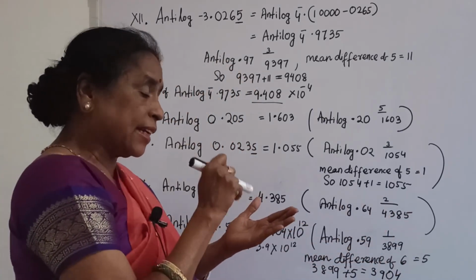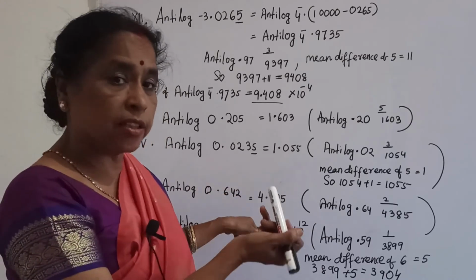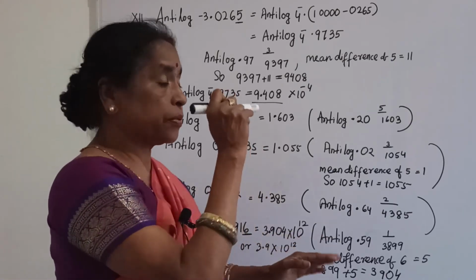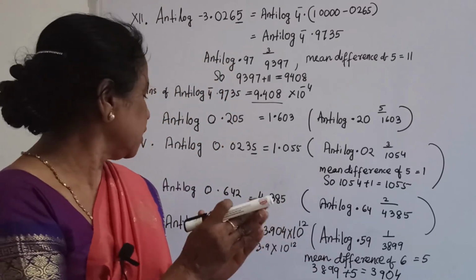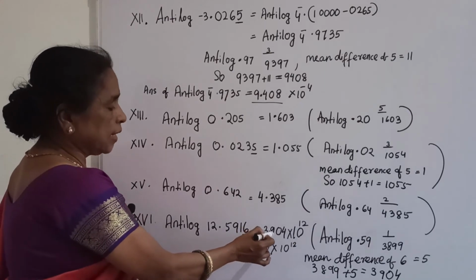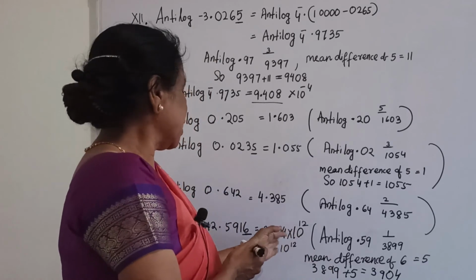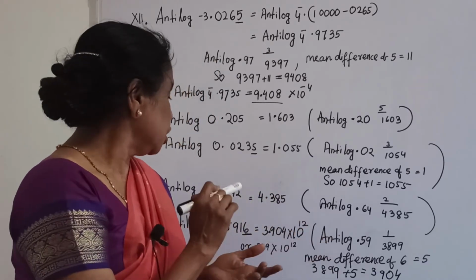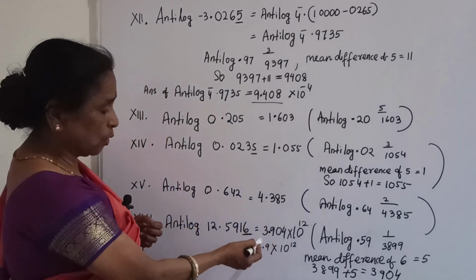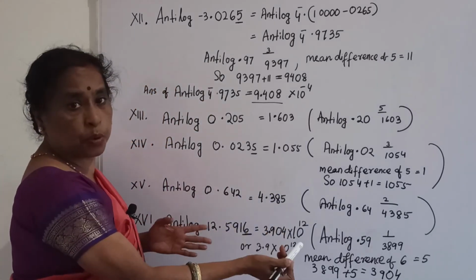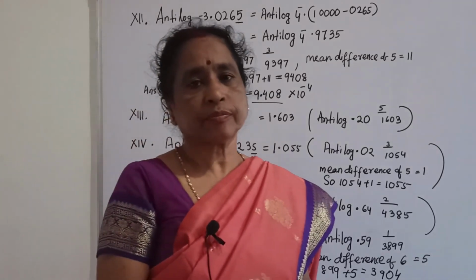It is 3899, and the mean difference of 6 because the other digit is 6. Mean difference of 6 equals 5. Then you add, that comes to 3904. So put here 3904. After 3 there is a decimal. So the answer is 3.904 times 10 to the power 12. Or you can also write 3.9 because 04 is there. So you can write 3.9 times 10 to the power 12.